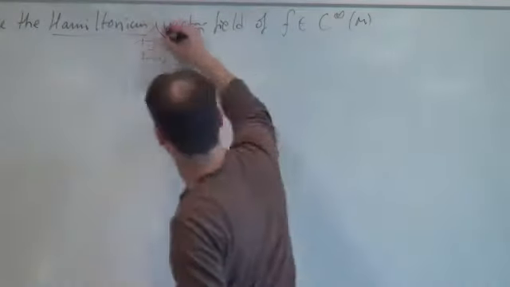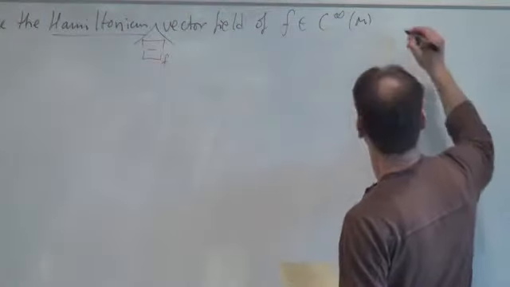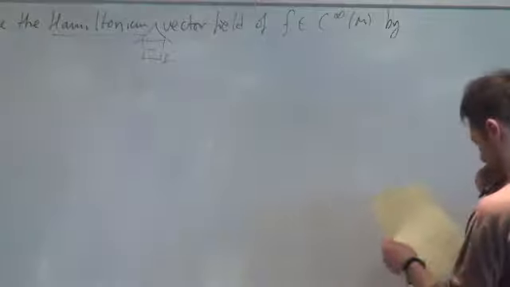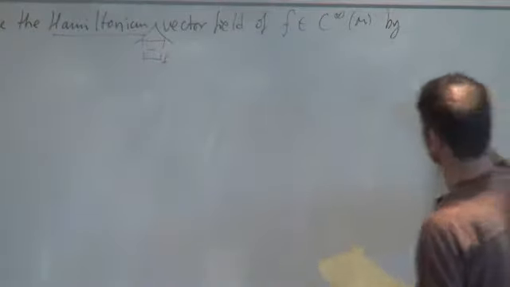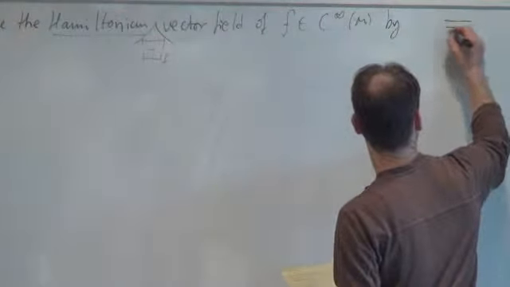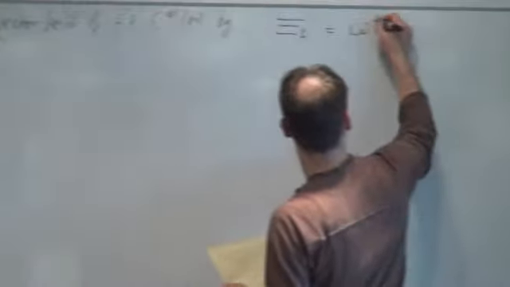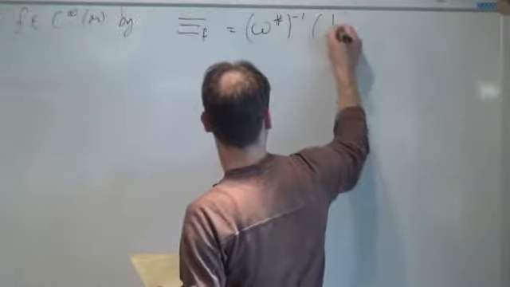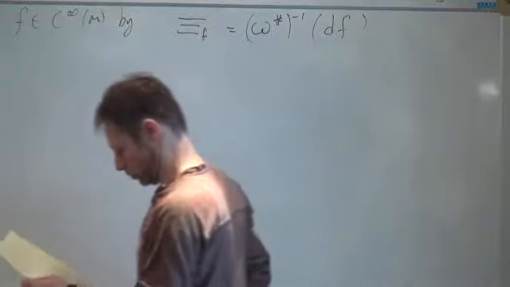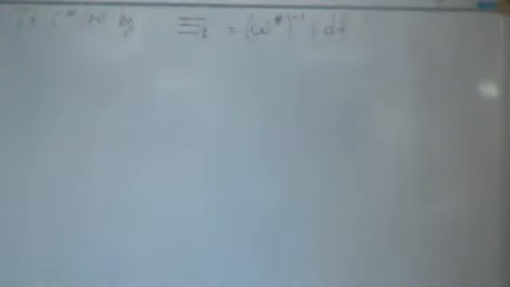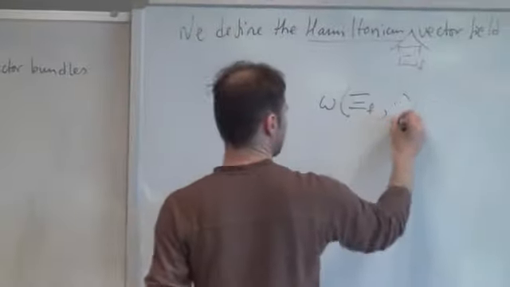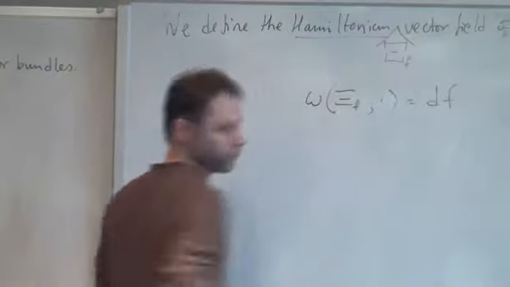That's the vector field defined by chi-sub-f equals omega sharp inverse of df. Or, if you like, if you plug the Hamiltonian vector field into the first slot, you get df.